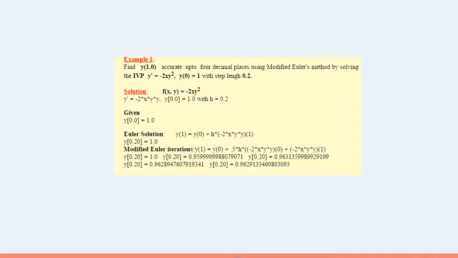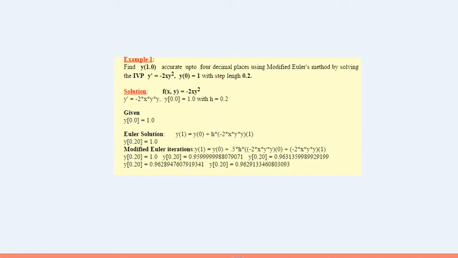So our first iteration is y0 + 0.5h times y'. h is the step length which is given in the equation.